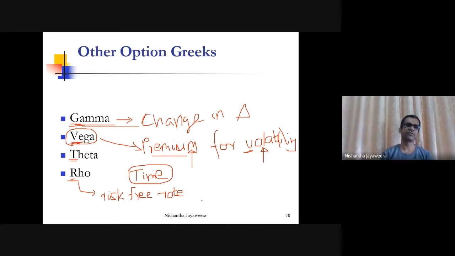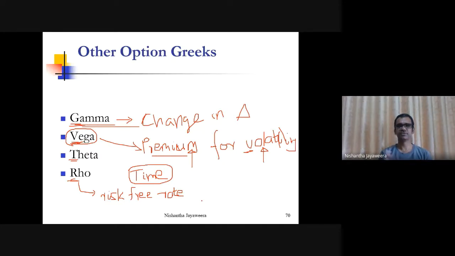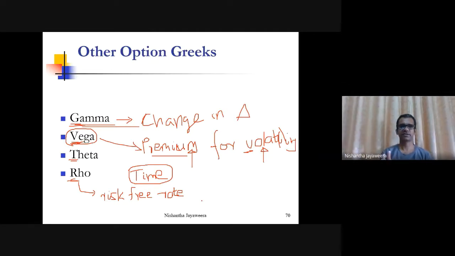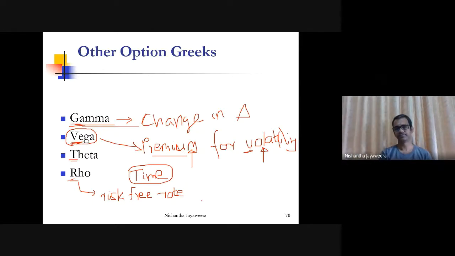Those are the main 4 factors that have an impact on the option premium. How sensitive the option premium is to those factors is measured through these option Greeks. So for the underlying asset price, both delta and gamma are used. For the volatility, vega. For the time, theta. For the risk-free rate, rho. That's the summary. Any question?